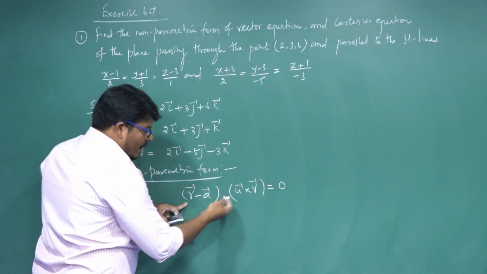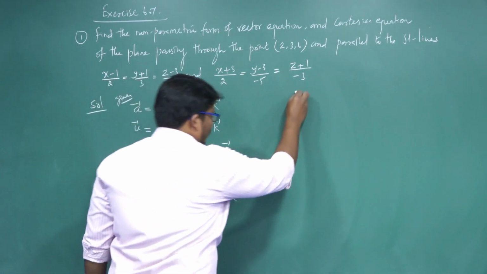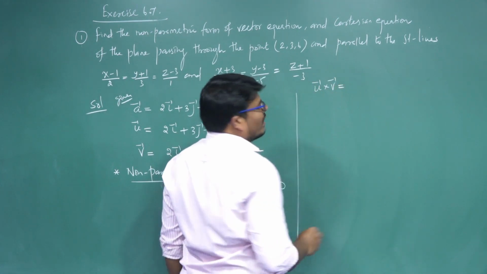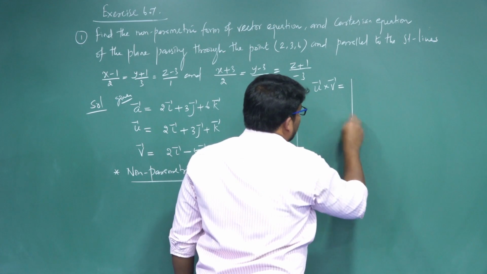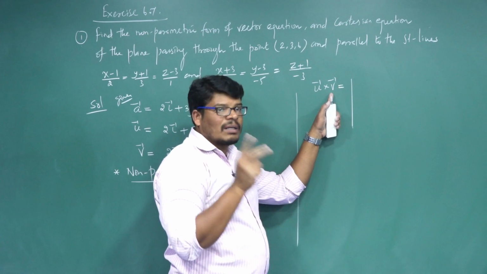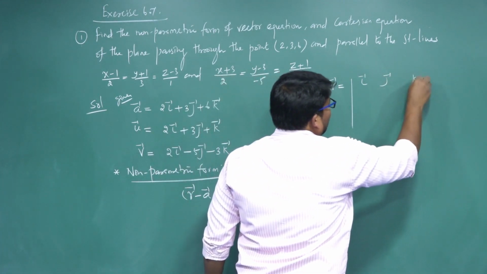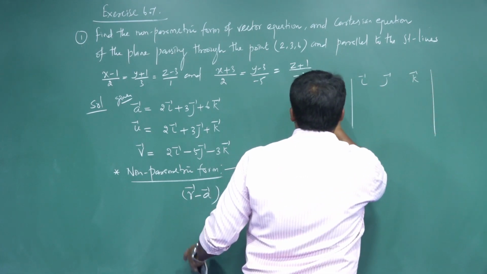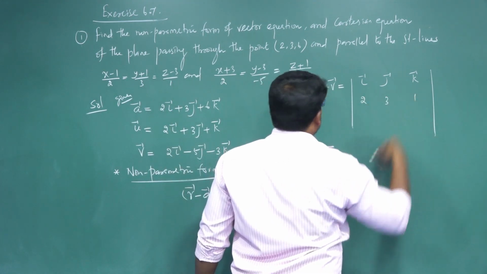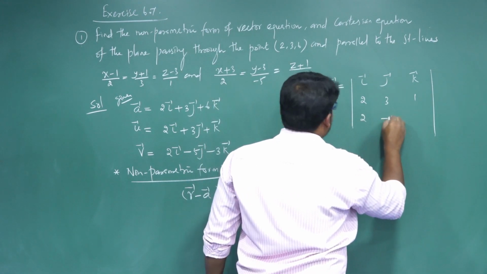Now find u vector cross v vector, the vector product of two vectors. Write in determinant form: i vector, j vector, k vector. The components of u are 2, 3, 1, and the components of v are 2, minus 5, minus 3.